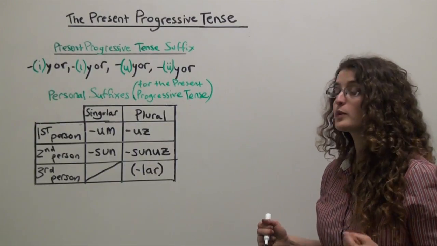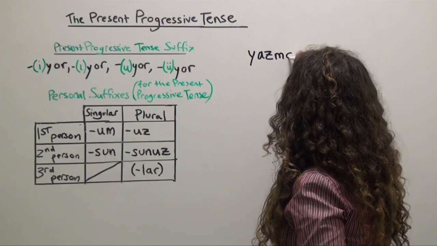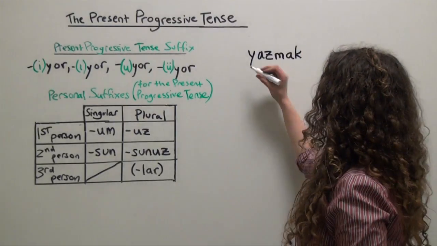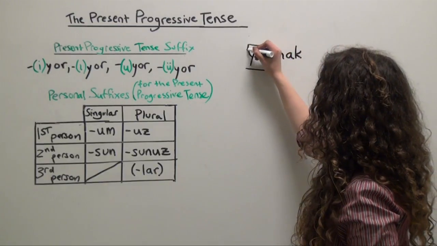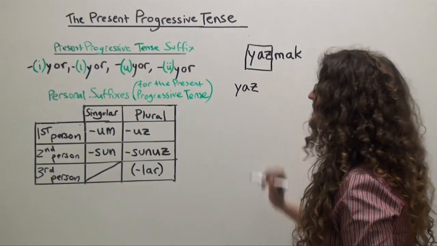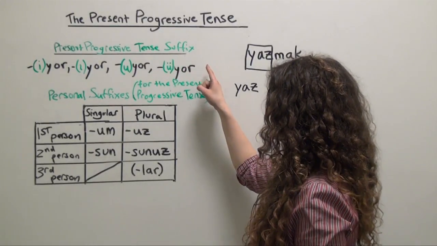For our example, we're going to use the verb yazmak, to write. To form the present progressive tense, you take the verb stem, yaz, and add to it the present progressive tense suffix, yor.